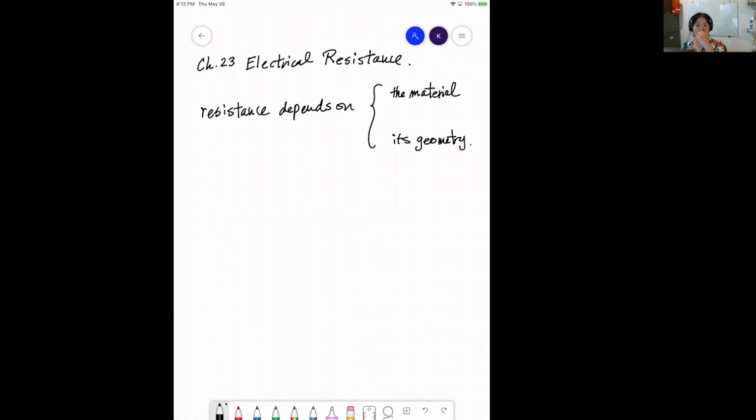So again, to have a current, you need free electrons. We're typically talking about conductors, right? You have to have a motion of charge, and in order to have a motion of charge, you need a conductor. And there are different kinds of conductors, different kinds of metals.